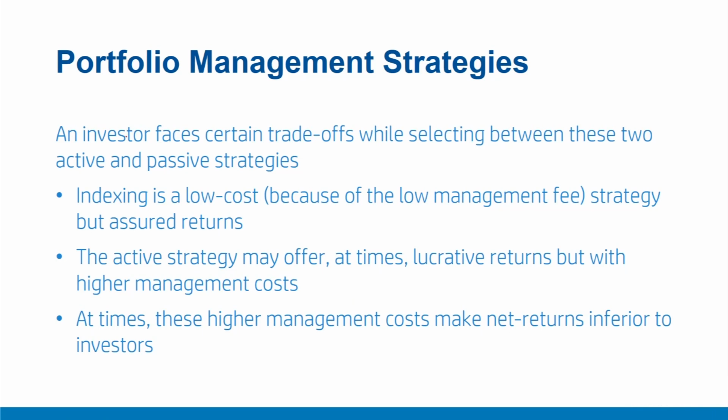While selecting between these active and passive strategies, an investor faces certain trade-offs. For example, passive fund management or indexing is a low cost strategy because the management fee is low, but there are no assured returns. In contrast, an active strategy may offer returns higher than the benchmark that is being followed, but at the same time there is higher management cost on account of active management, the effort and cost and resources that are required in generating extra information in order to beat that benchmark.